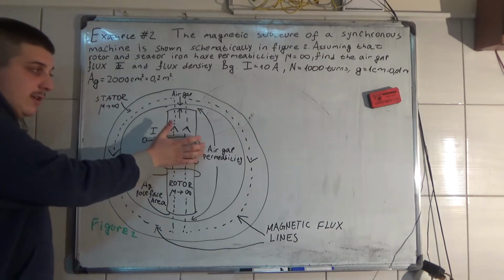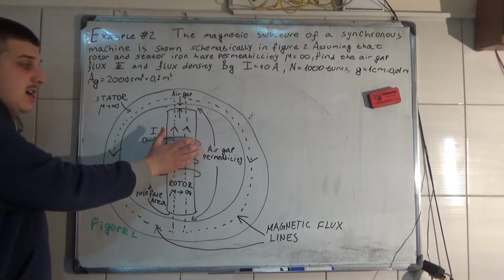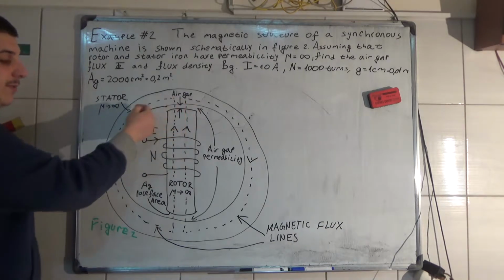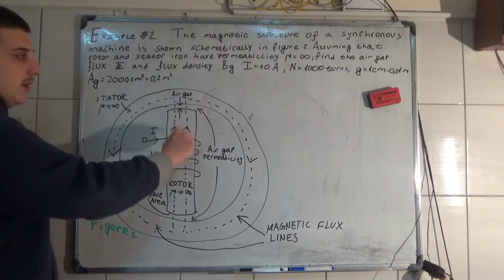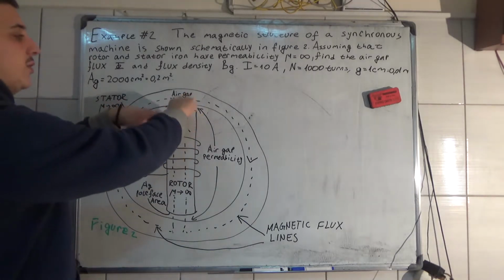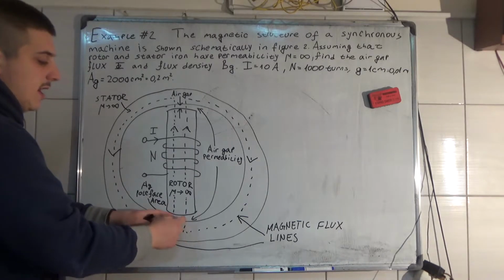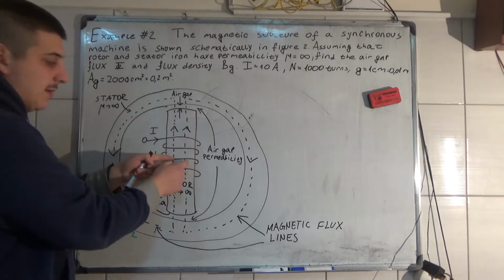So current is going to produce magnetic flux that is going up. It makes a full circle and comes back. So it goes into the circumference of the stator through the air gap and it comes back.